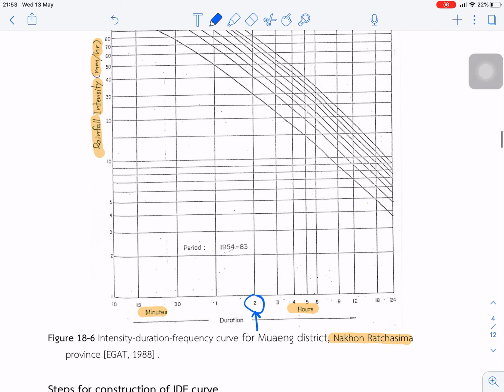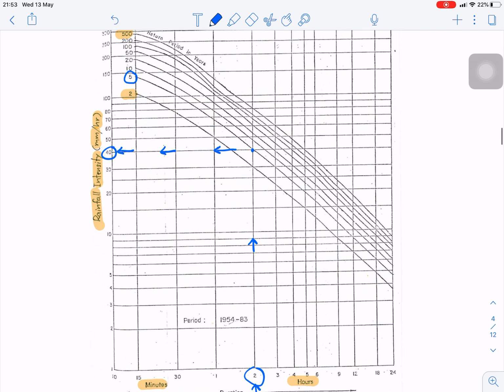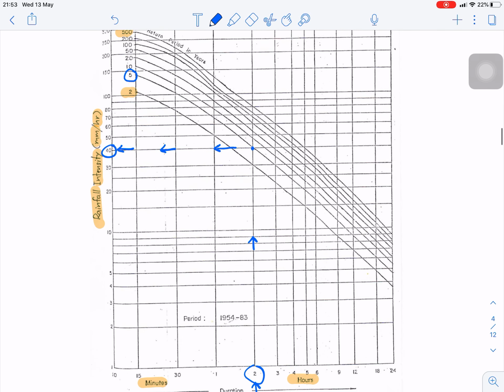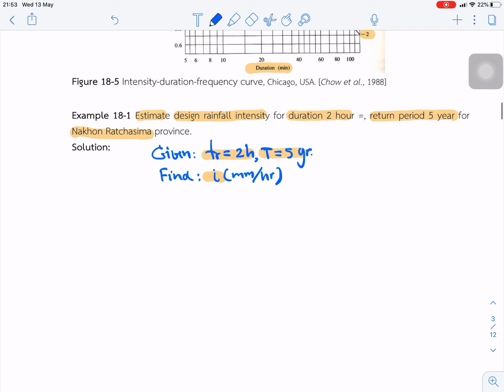and find the line of the 5-year return period at this point, and project to the axis, which is about 40. So for a 2-hour duration of rainfall with the 5-year return period, the rainfall intensity is 40 millimeters per hour.